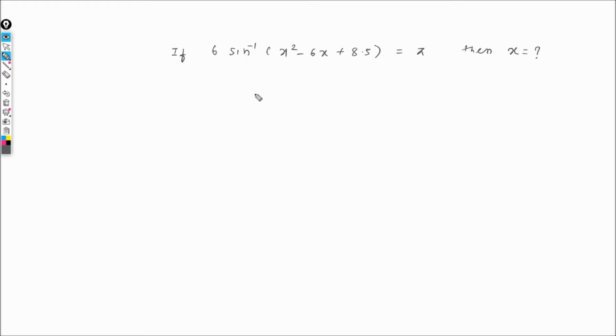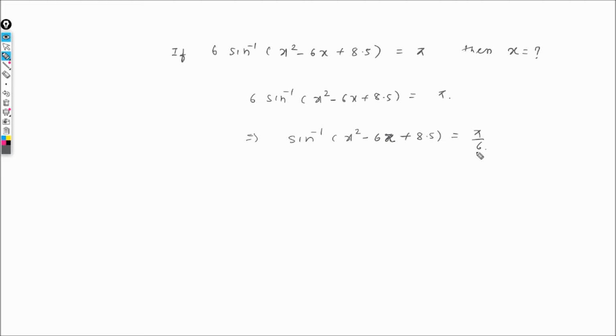What is given? 6 sine inverse of x square minus 6x plus 8.5 is equal to pi. So this implies sine inverse of x square minus 6x plus 8.5 is equal to pi by 6.